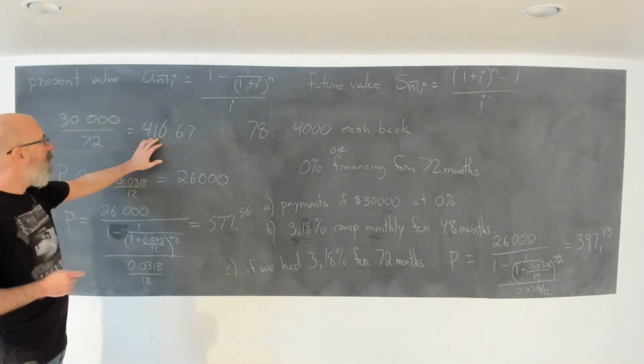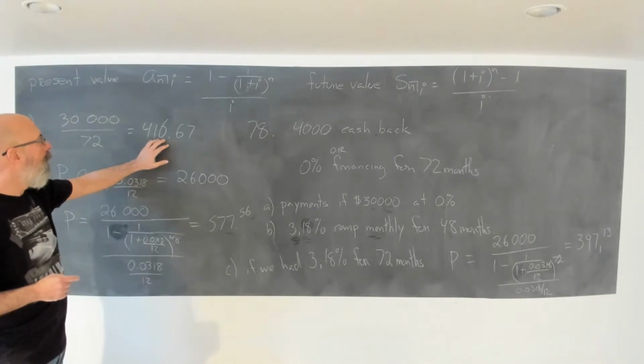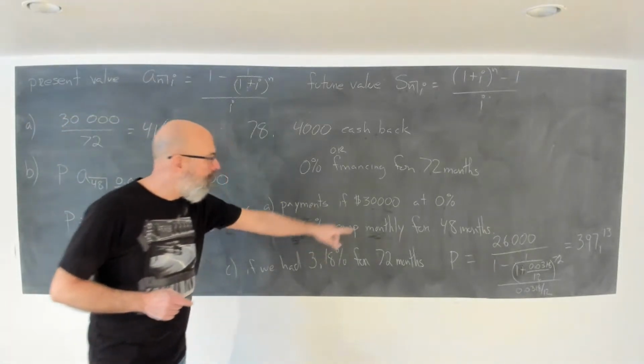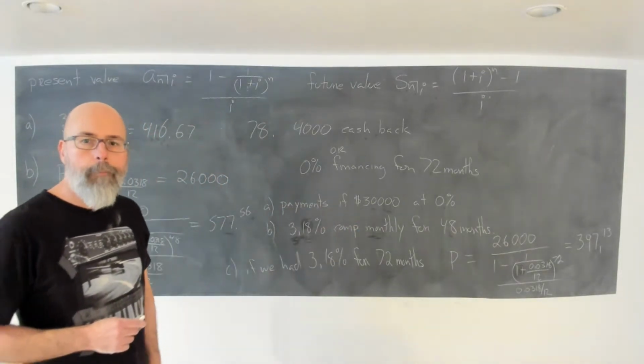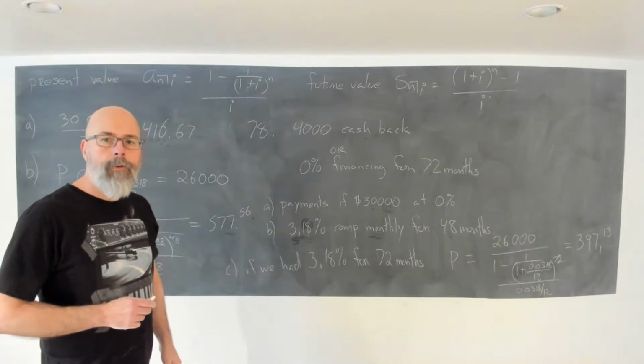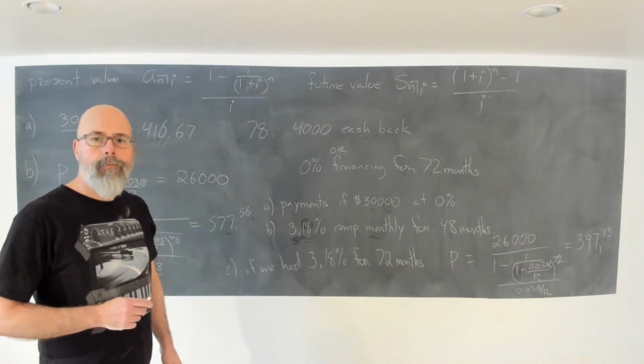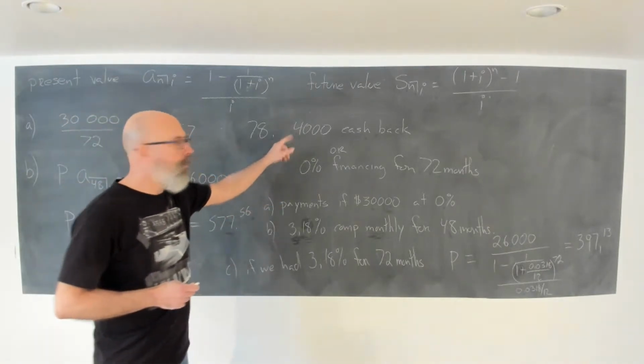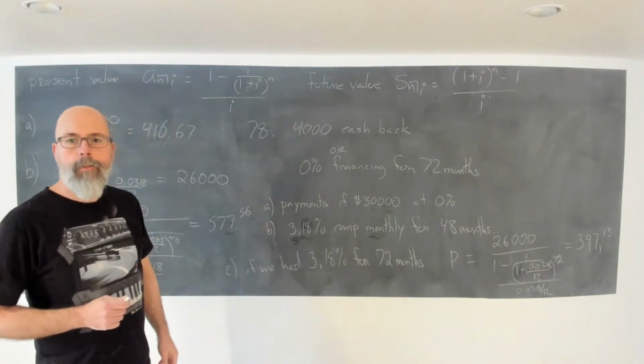In the 0% annual rate, you're paying $416.67. Even if you are paying some interest, it's still beneficial to do so, because the $4,000 more than offsets the interest.